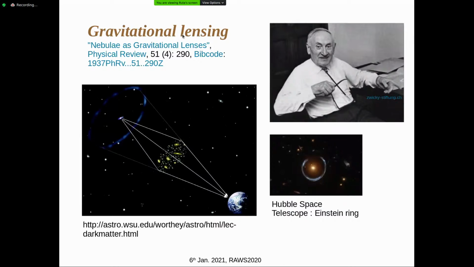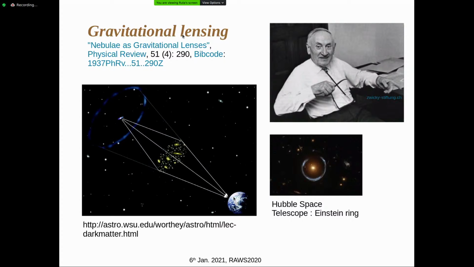I will also briefly mention another discovery proposed by Zwicky, which was the phenomenon of gravitational lensing. In this picture it is illustrated as follows: if you are looking in a certain direction in the sky and along your line of sight there is a galaxy cluster, and you are actually looking at an object at a very large distance from you, even beyond this galaxy cluster, then the light from this object will be affected by the gravity of the intervening cluster.